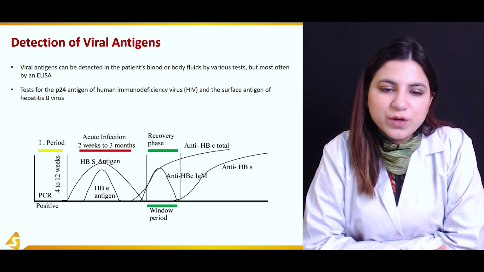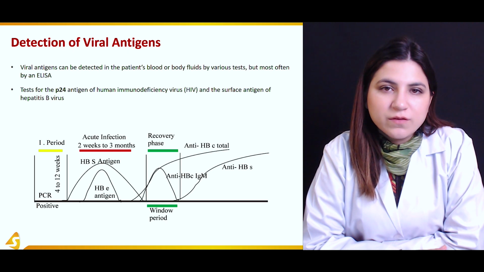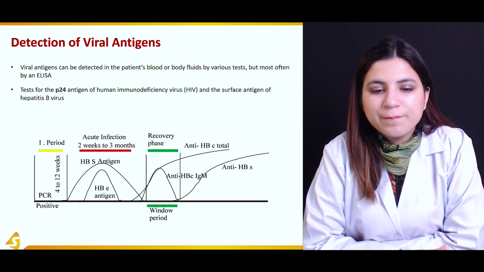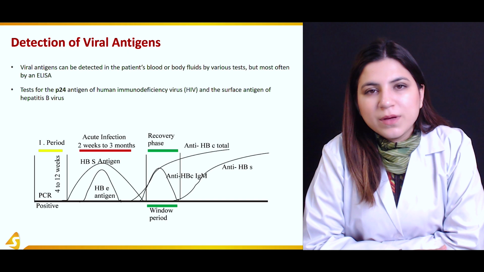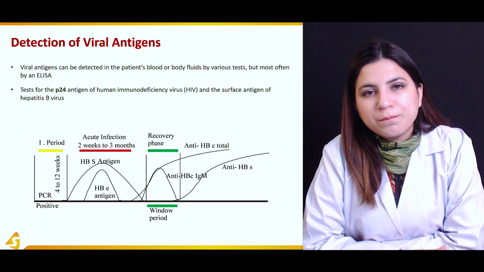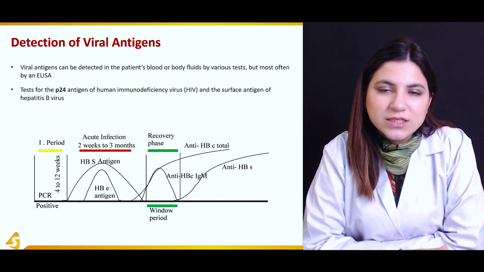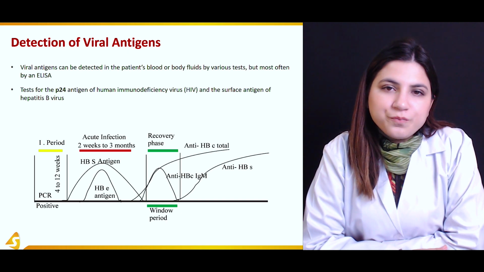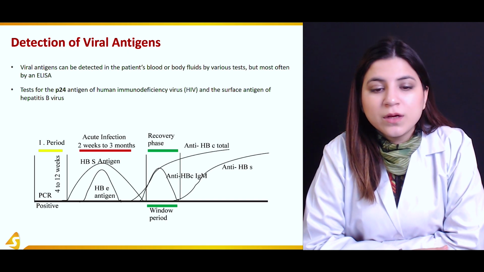The test for P24 antigen, which is an antigen of the human immunodeficiency virus or the HIV virus, and the surface antigen of hepatitis B virus can be actually used. That is, we can use the antibodies which are particularly against these antigens, and we can detect virus infection inside the cell.